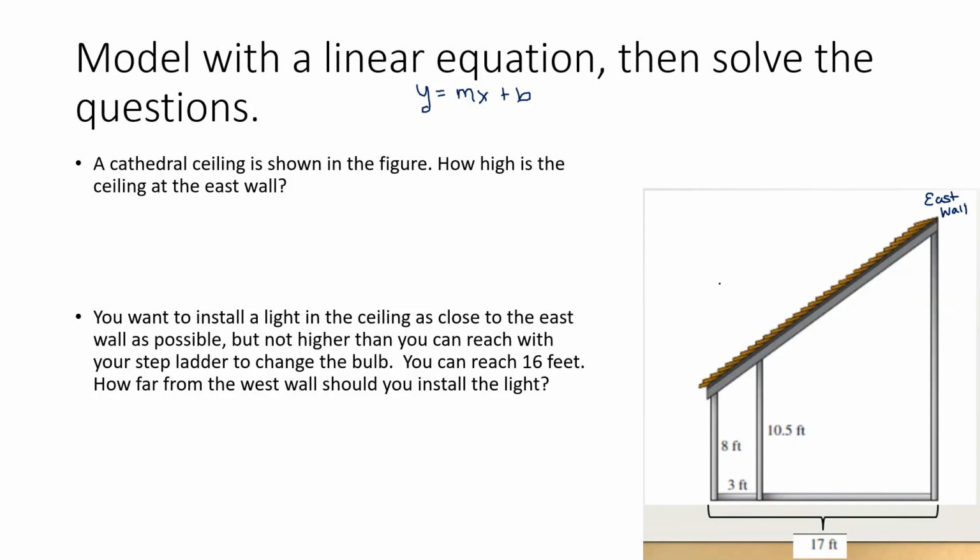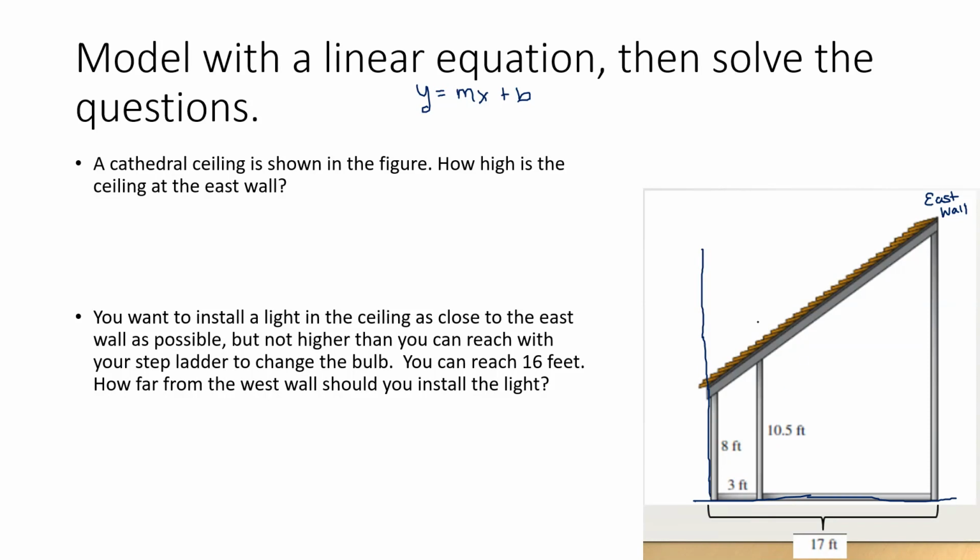So what I want to think about doing, and this is very difficult for me to draw with my stylus, but I want to think about superimposing a coordinate plane. So this first part of my coordinate plane, the y-axis, I'm going to put right on top of this western wall. And the x-axis, I'm going to put right along the floor of the building.